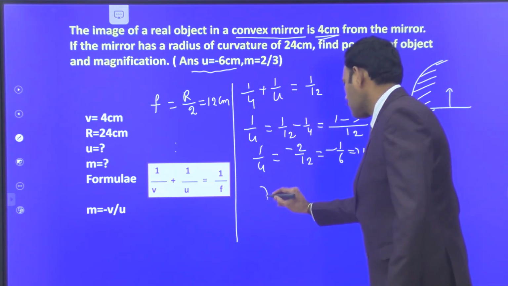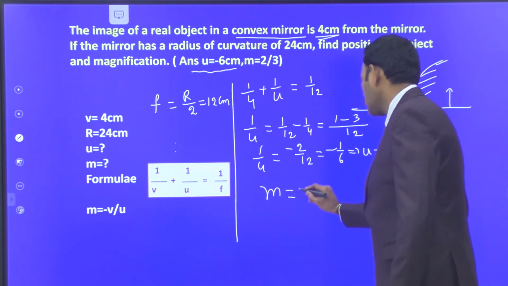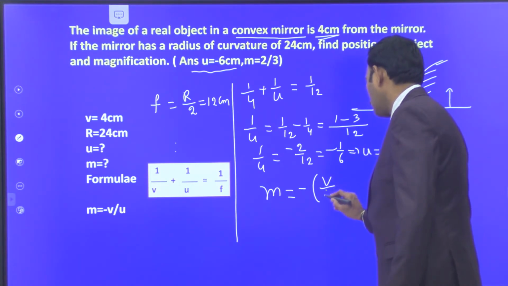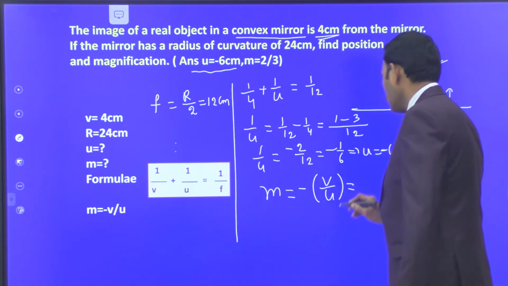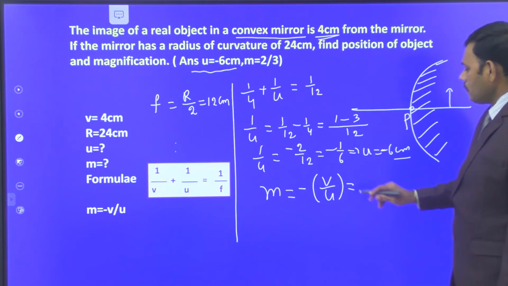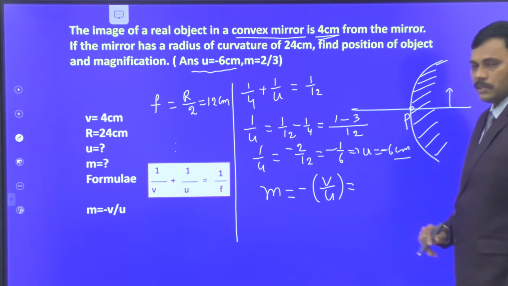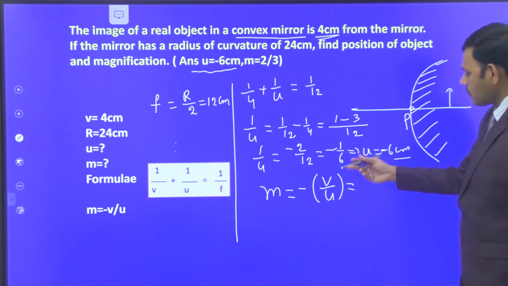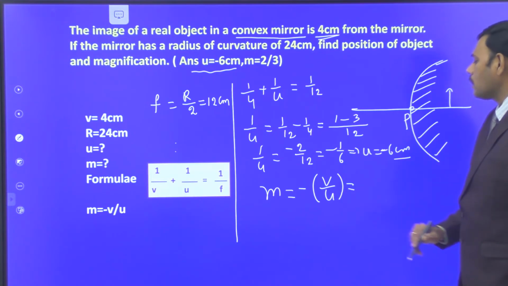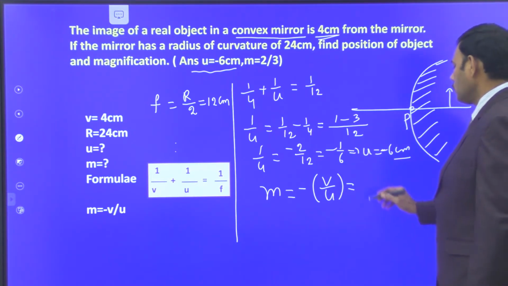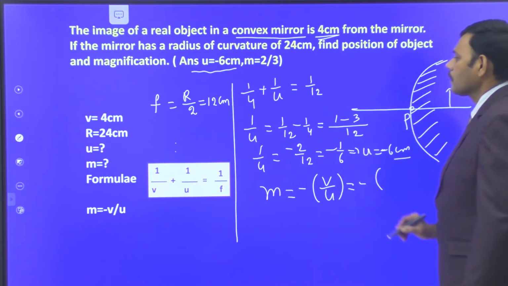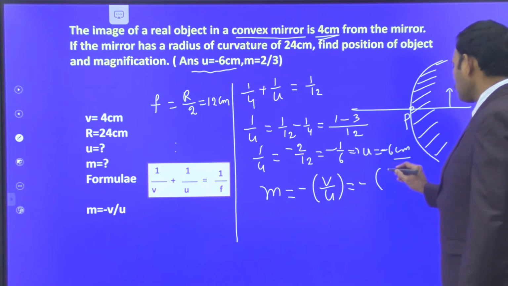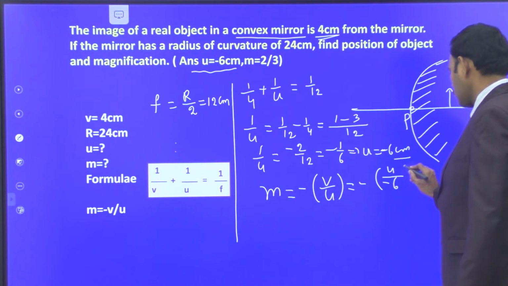Then magnification. The expression for magnification is minus V divided by U, the ratio of image size to object size, also equal to the ratio of image distance to object distance, minus V by U. So minus of V, which is plus 4, and u is minus 6.